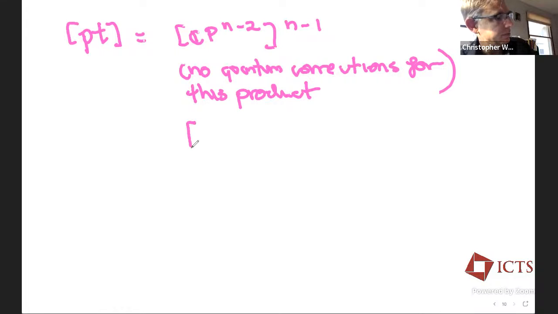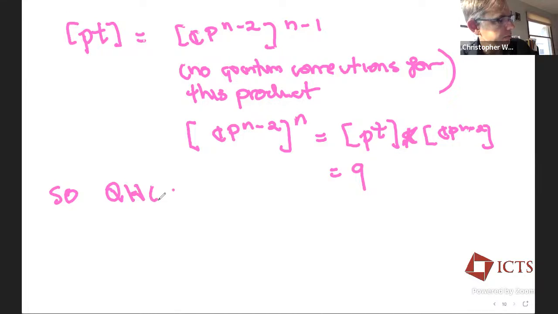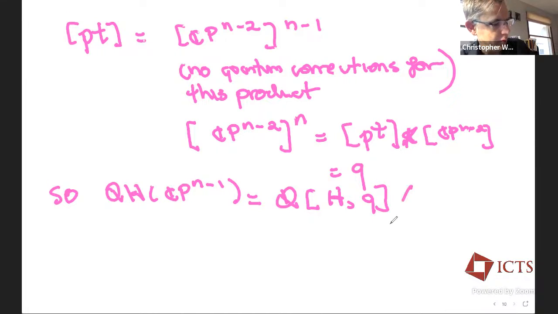Okay, so that means that CPN minus 2 to the nth power is a point times CPN minus 2, and so that's Q. So the quantum homology of CPN minus 1 is generated by this single generator, the hyperplane class, and now I have a formal variable Q. Well, technically I have power series, but I don't really need power series in this case.